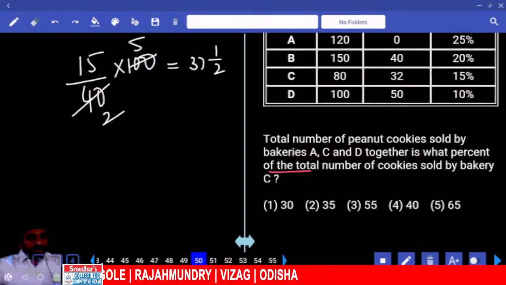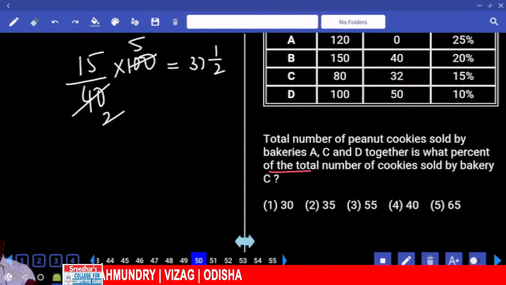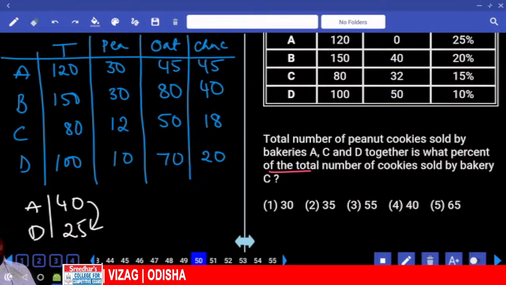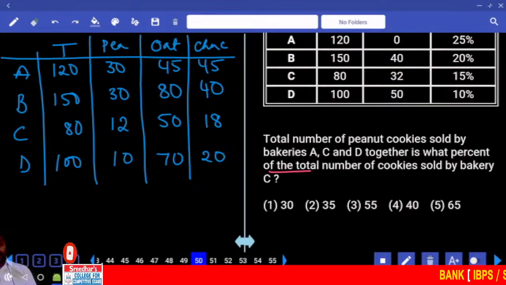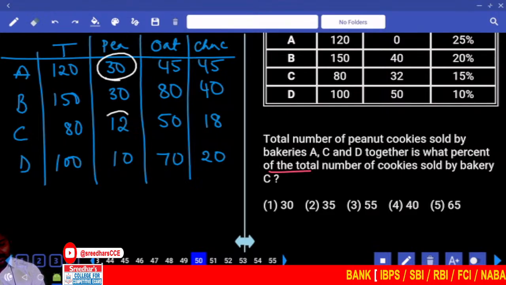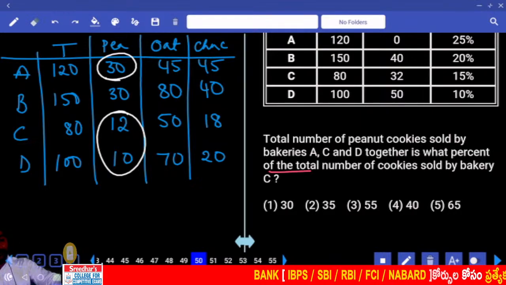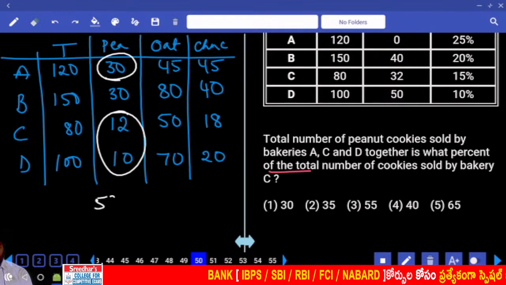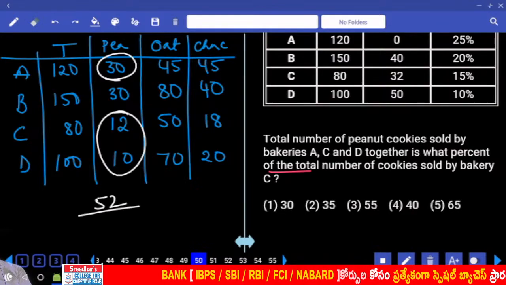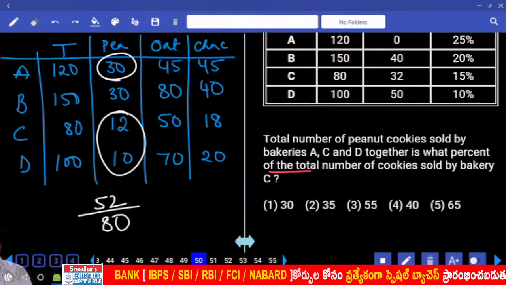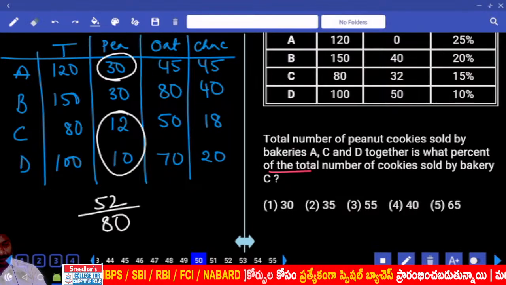Total number of peanut cookies sold by bakeries A, C and D together, 52 is what percent of the number of cookies sold by bakery C, which is 80? Correct? Right.